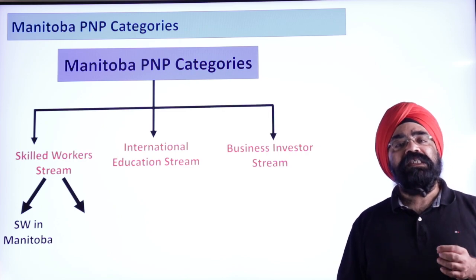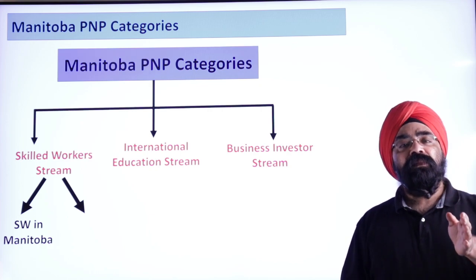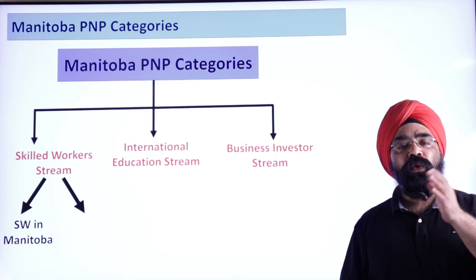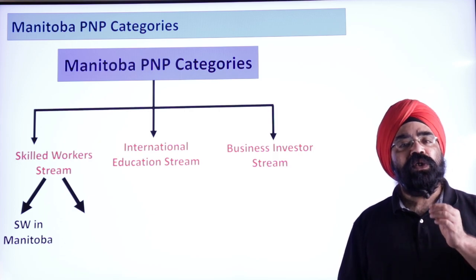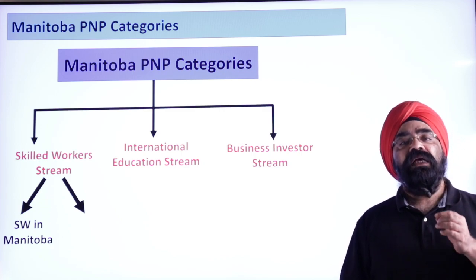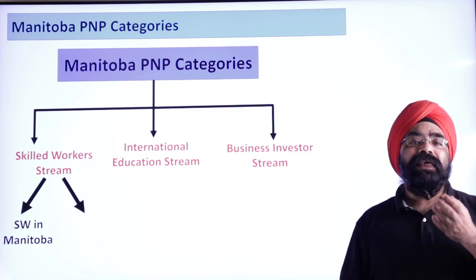Skilled workers overseas are those workers who are planning to come to Manitoba. They are not in Manitoba but plan to come, so they have to do an expression of interest.